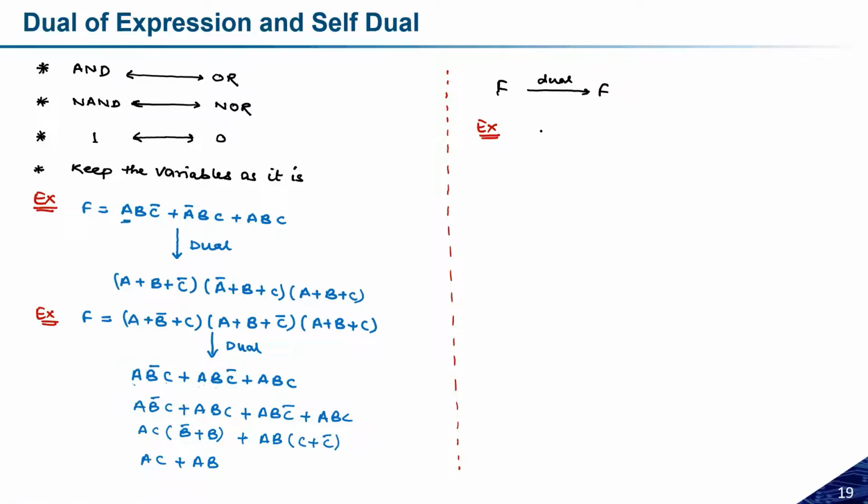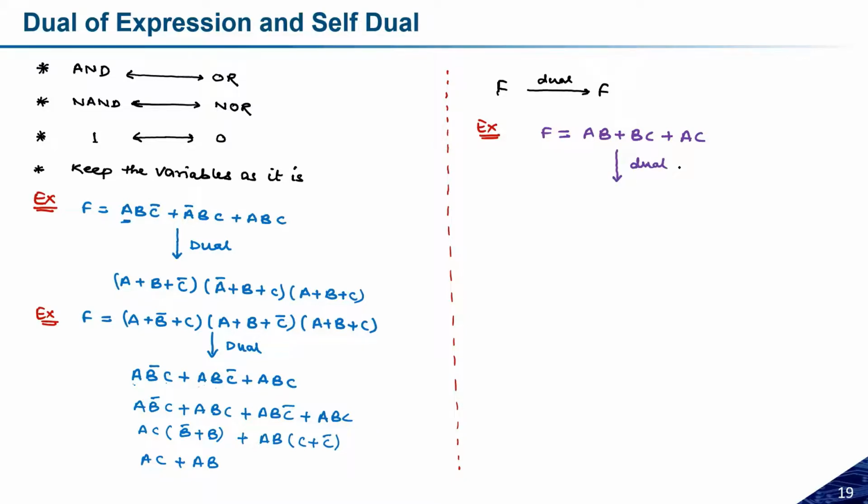Suppose I have a function f is equal to, let us assume, a b plus b c plus a c. Let us assume I have a function like this, and now I need to find the dual of this first.